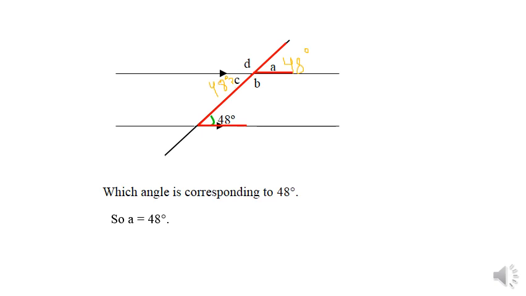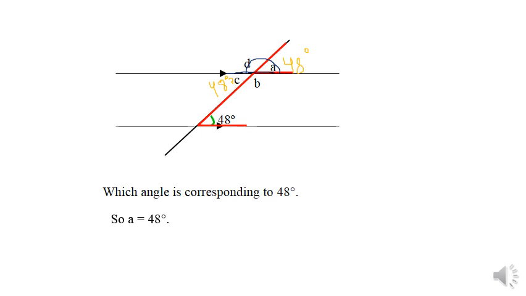Now, can you identify the measure of angles B and D? What do you think? Here we have adjacent supplementary angles, so their measure is 180 degrees. So how can we find the measure of angle D?